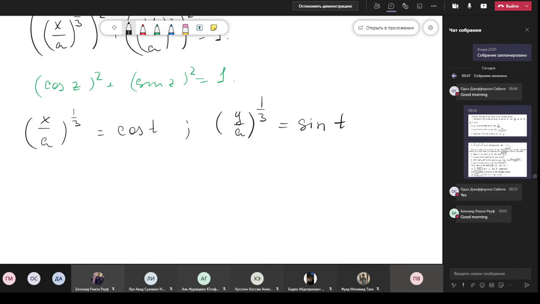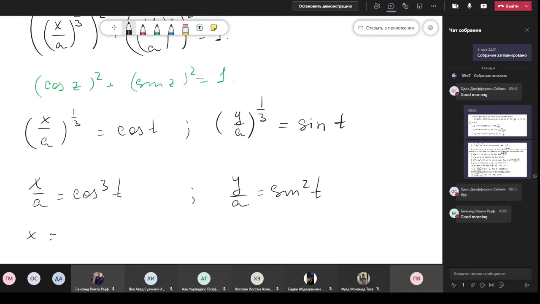In this case, we have x over a equals cosine cubed of t, and y over a equals sine cubed of t.